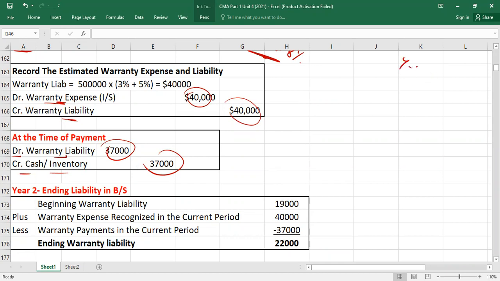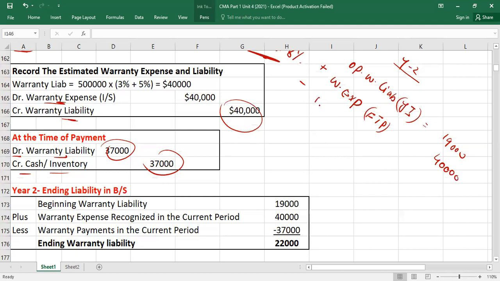So for year 2, we have to do now. So you will write first the opening warranty liability, which is coming from year 1. So it was how much? 19,000. You will add here warranty expense for the period. Which is how much for the period warranty expense or liability? 40,000.